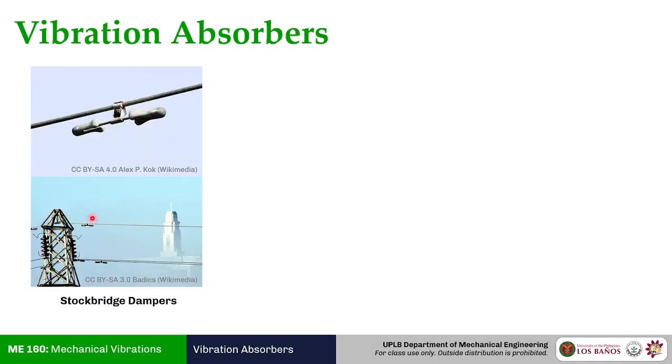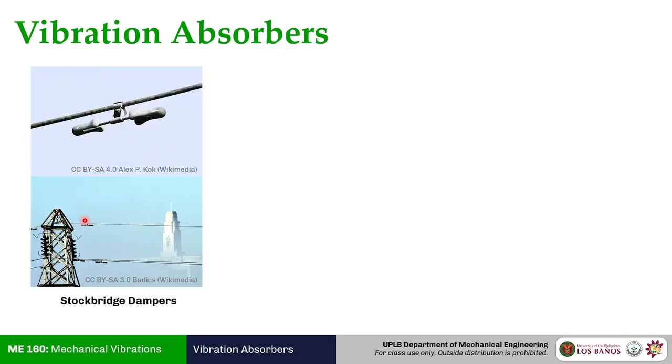So these high tension cables, they carry high voltage power essentially from one end of the region to another. And the problem for their use is that when high winds blow, so when high velocity winds blow over them, they tend to get very rickety.